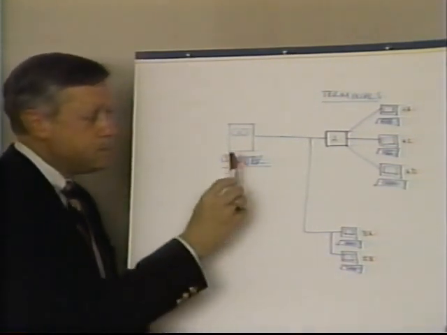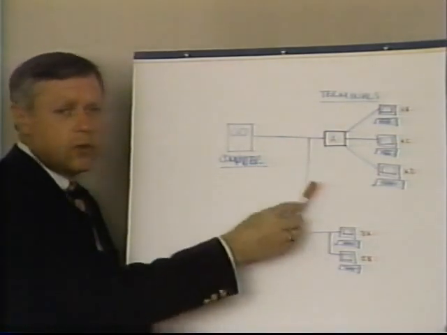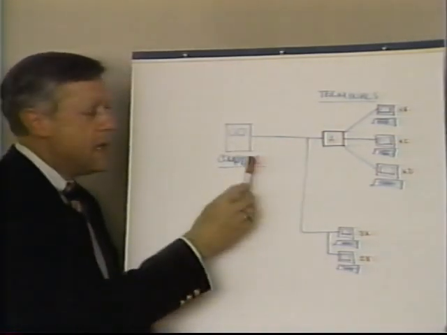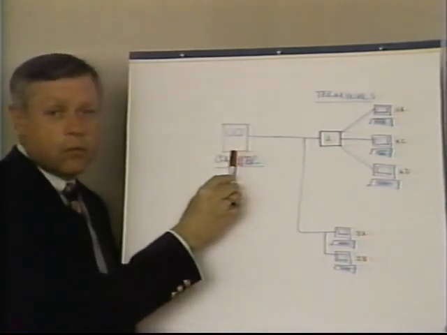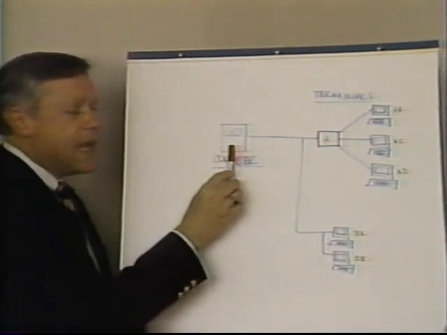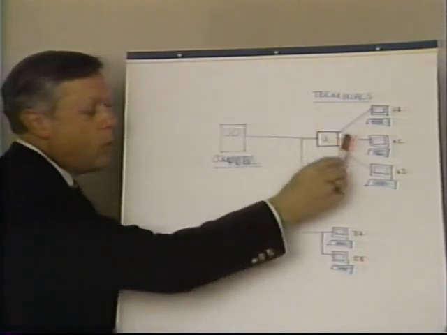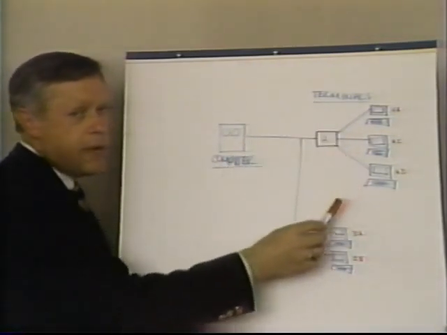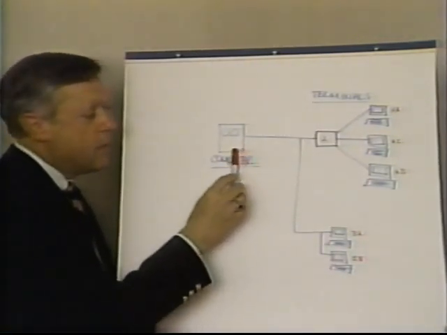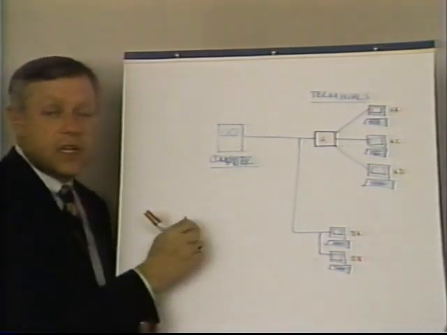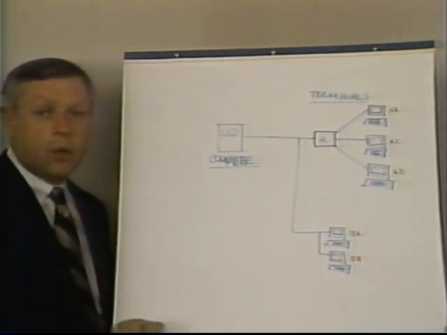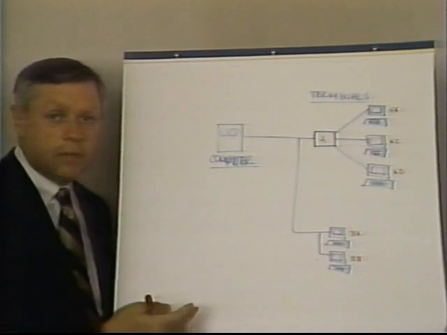Now finally, because polling does utilize a lot of the time on the line and takes computer power and resources, we can put the line to sleep and not poll. If we poll the circuit a couple times and nobody has traffic, the computer can send out a message that says, I'm dropping out of the polling mode and going to contention.